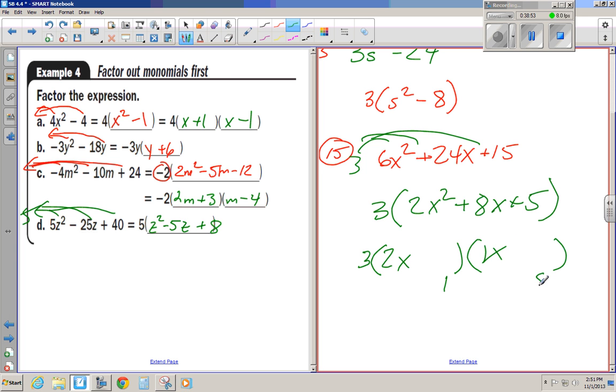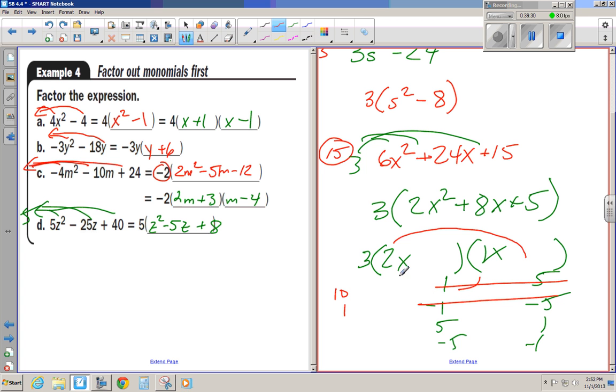Factors of 5: 5 times 1, and negative 5 times negative 1. 2 times 5 is 10, and 1 times 1 is 1, so 10 and 1 is not going to work. 2 times 1 is 2, and 1 times 5 is 5, not going to work.